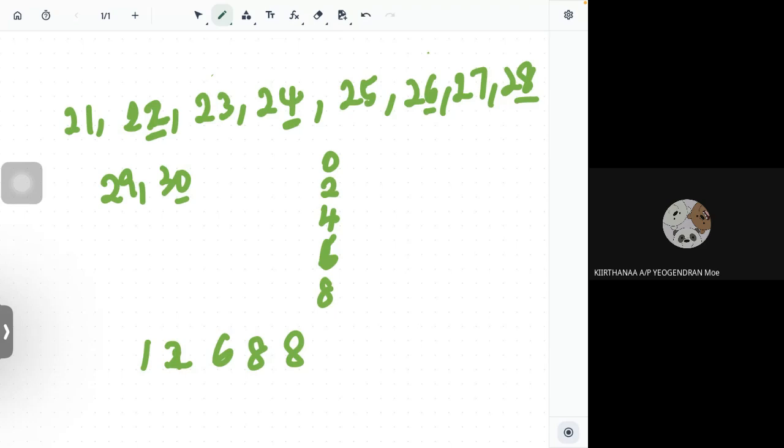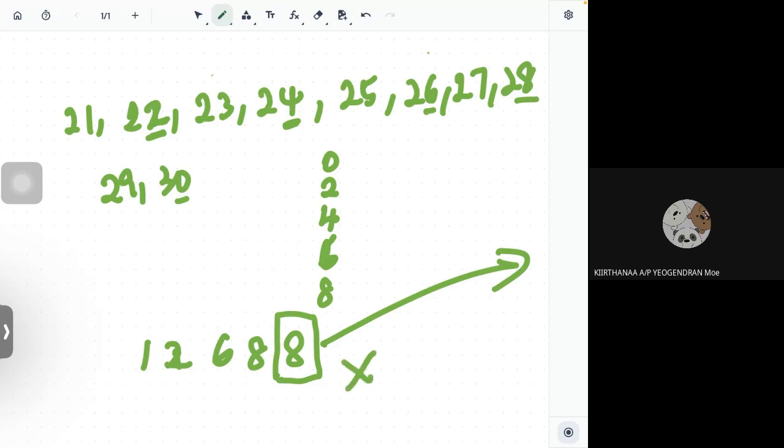Why? What is the evidence this one is not a prime number? Because the number has 8, 6, 2 at the end. Yes, so we got 8 at the last digit. If the last digit of the number is an even number, then this is not a prime number.